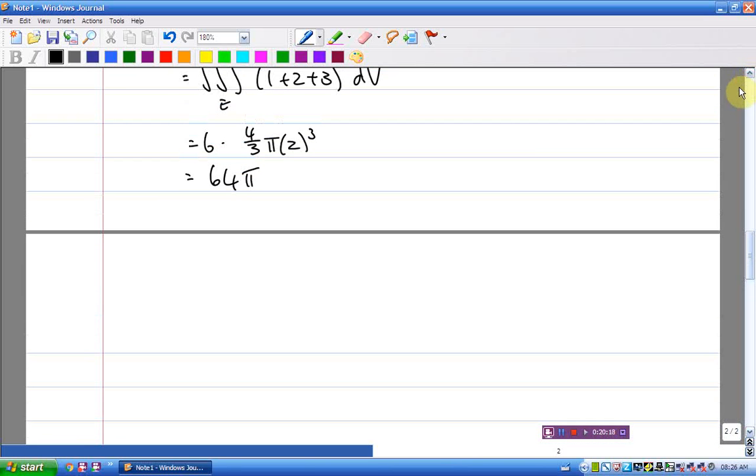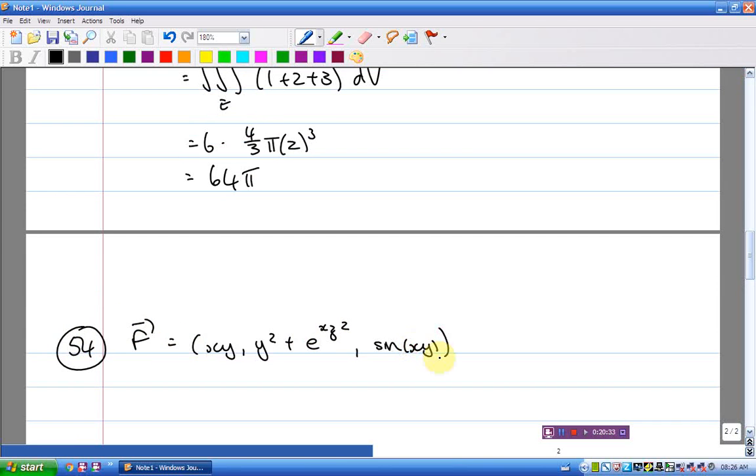Okay, let me do one more and then you can give it a go. Number 54. Find the flux of F, x, y squared plus e to the xz squared, sine xy. And you look at that and you think, oh my goodness, that's a pretty nasty F. But what I can already see is that the nasty bits don't have the variable in them that I'm going to be differentiating with respect to when I do my div.